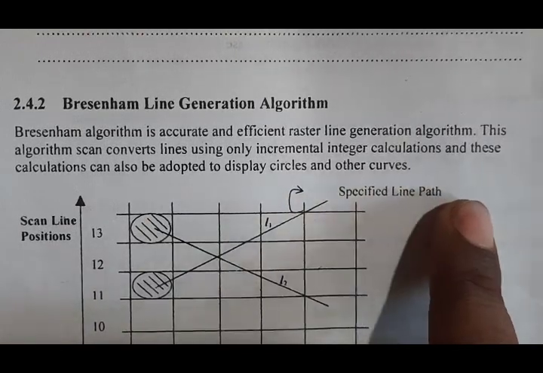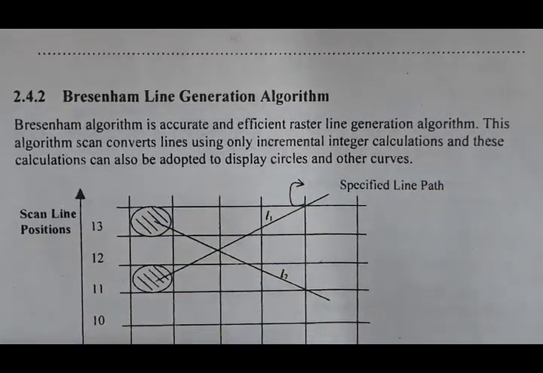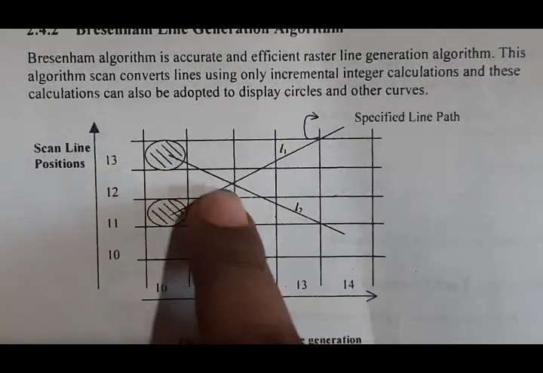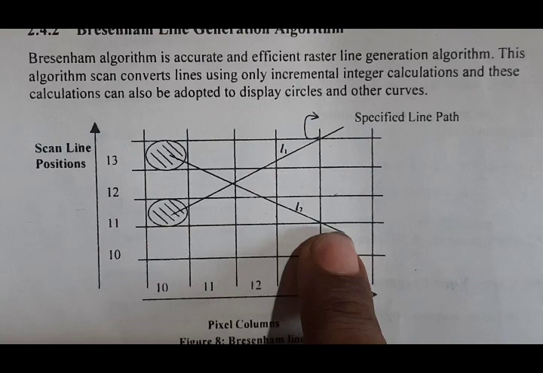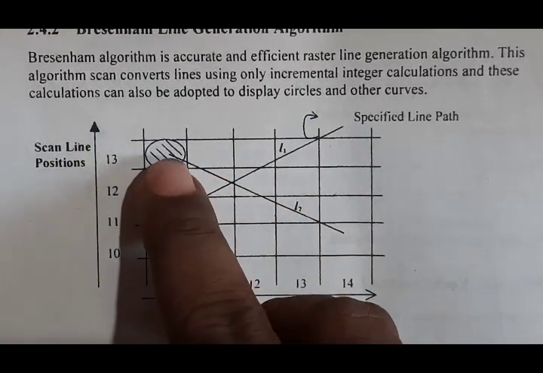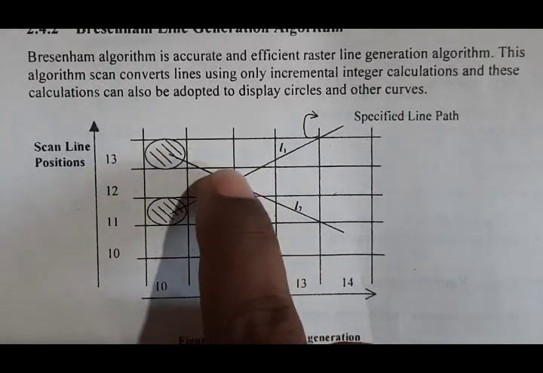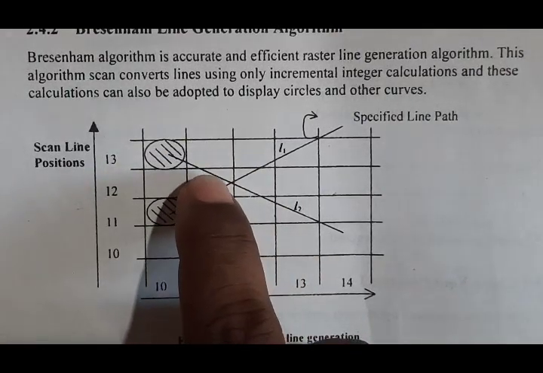Clear, no? See here what happens. If this is a line, this line passes through this pixel and also through this pixel.